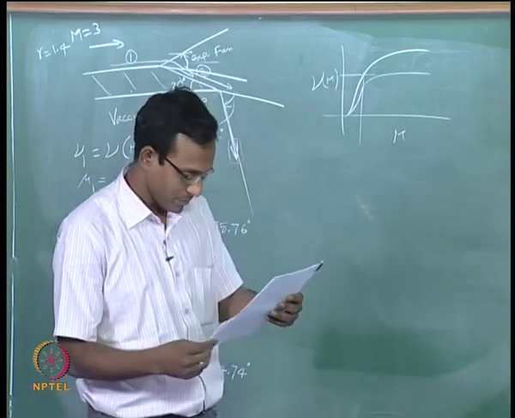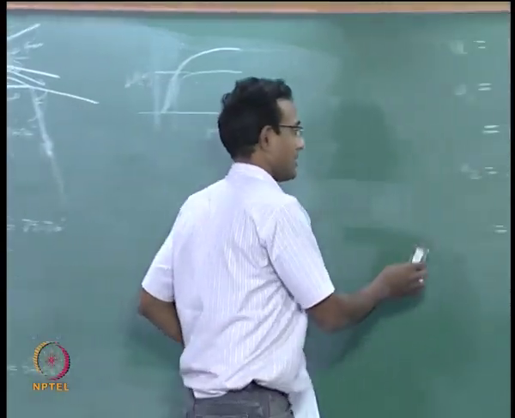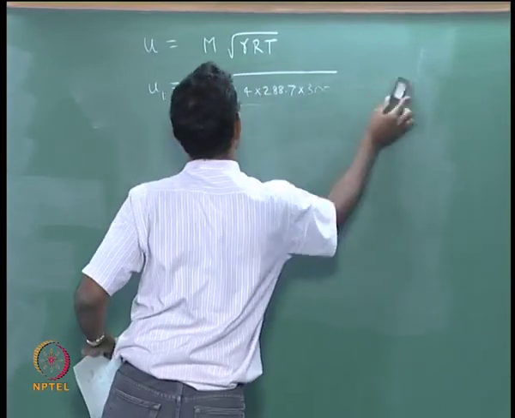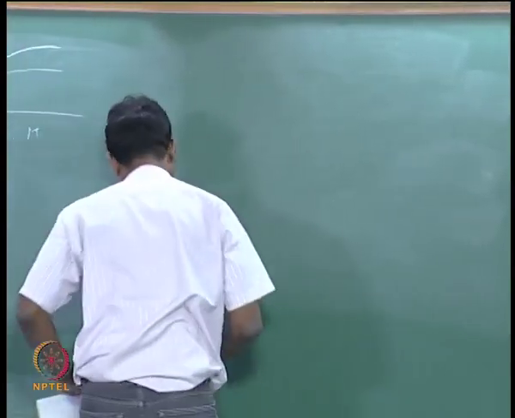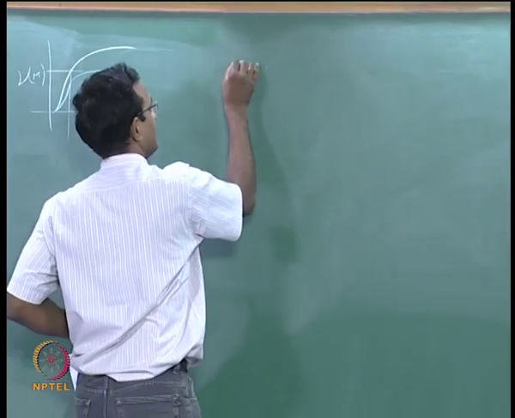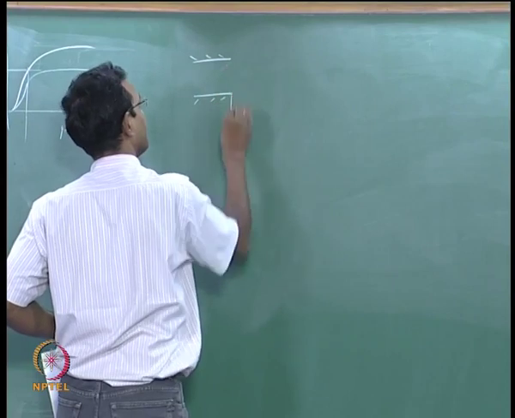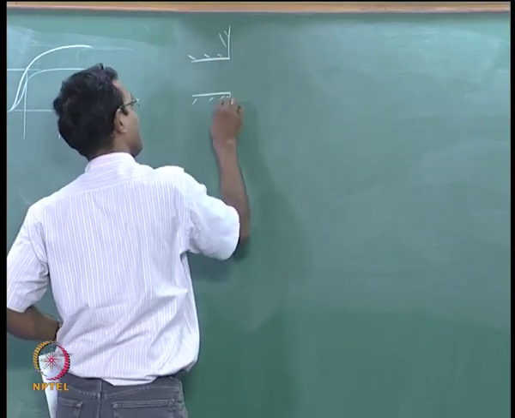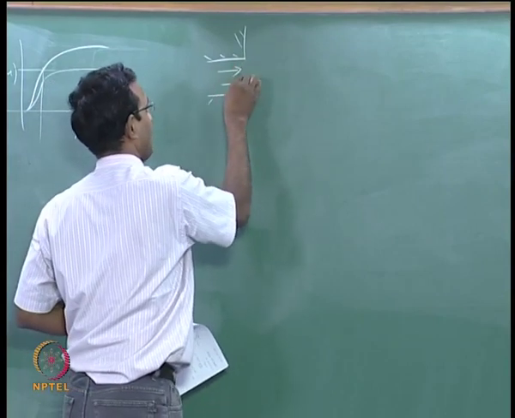So the next thing we can do, once you understand these, is just a simple extension of this. I will consider a first flow problem, which is I have some jet coming out with a known Mach number and velocity direction.